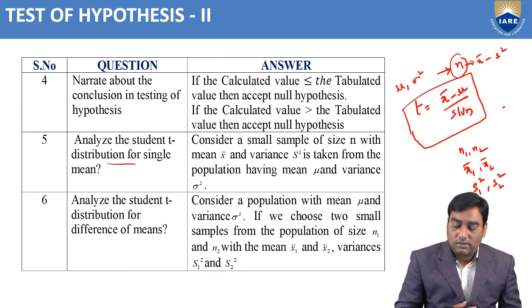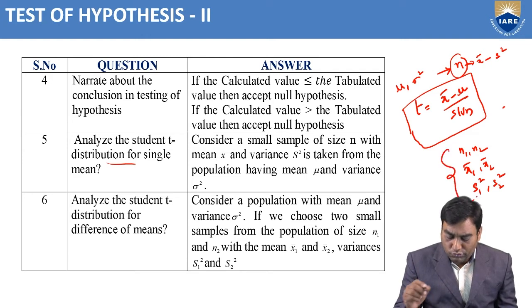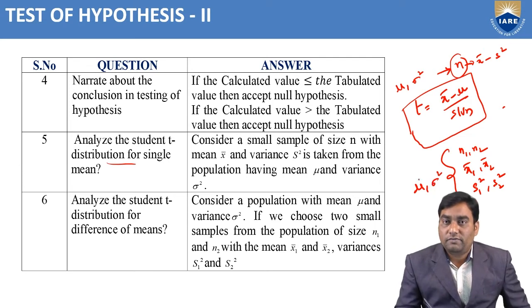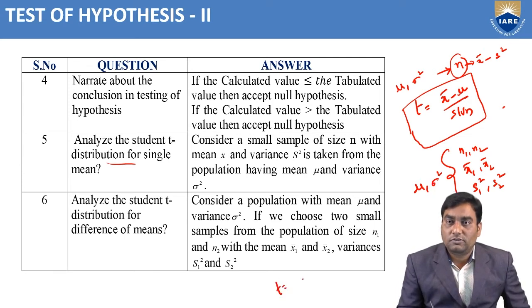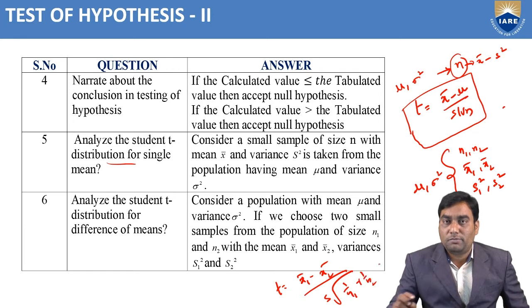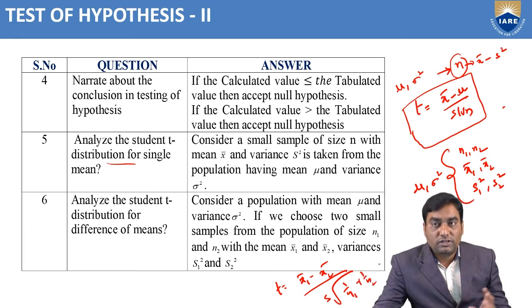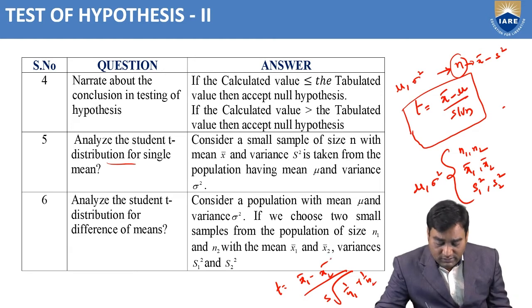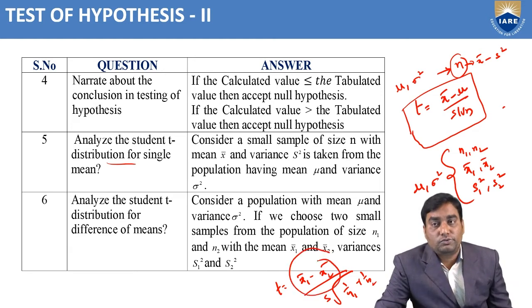If we choose these from the population mean and variance, then we can use the formula t equal to x1 bar minus x2 bar by s into under root of 1 by n1 plus 1 by n2. This is t distribution for difference of means. That means, is there any difference between the means of the given two samples? We are verifying.